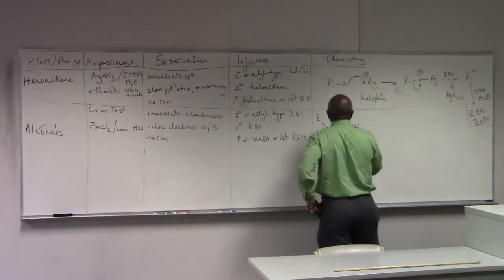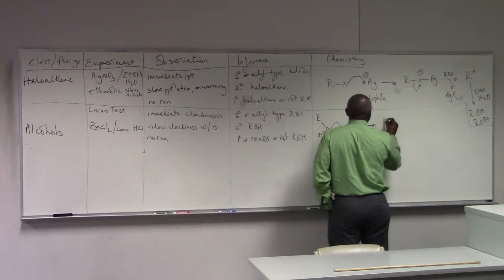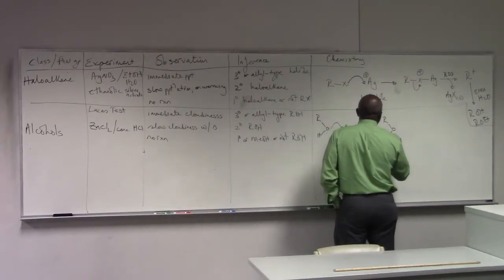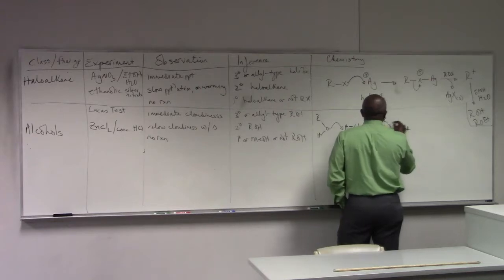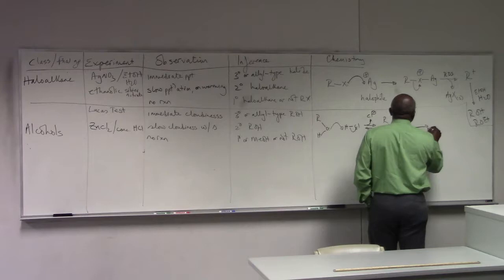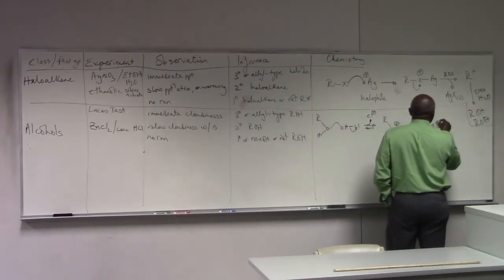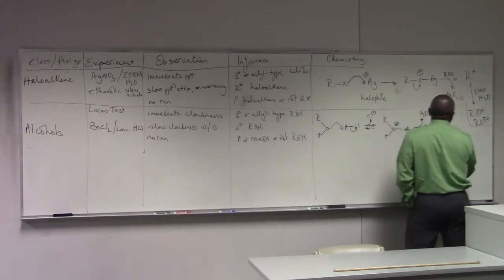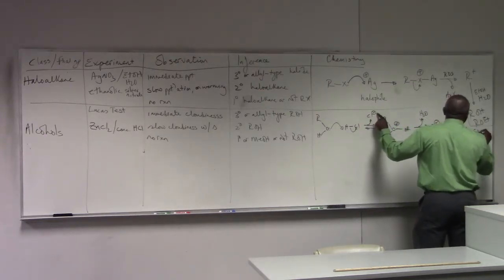So the alcohol attacks the HCl, and we generate ROH2+, and we lose chloride. This species loses water and generates the carbocation. The carbocation then reacts with the chloride and generates RCl.